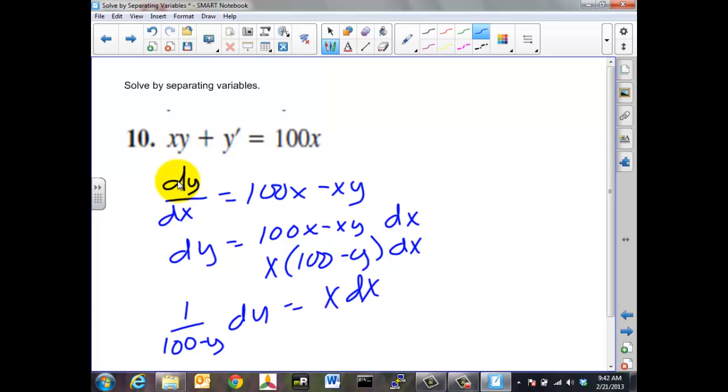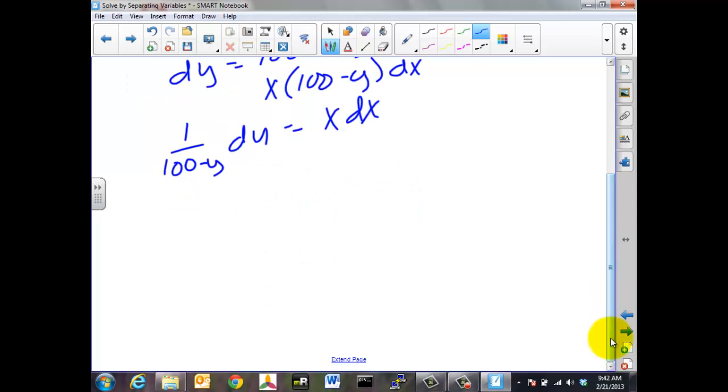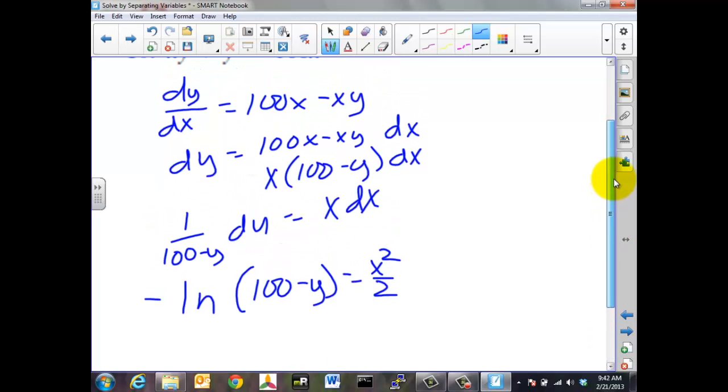So then you integrate on the left and get ln of 100 minus y equals x squared over 2. Get the negative. Then you put in e's. Wait, why'd you do ln? Just 1 over.